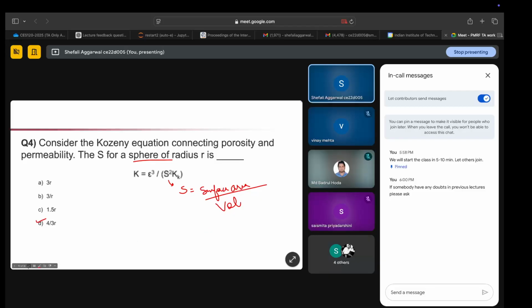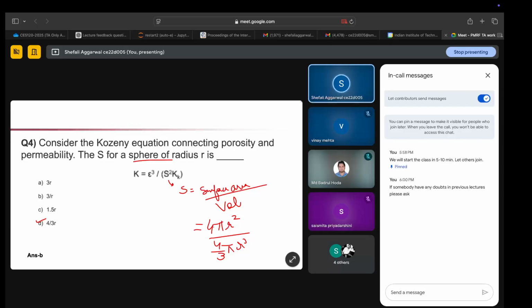And if we are talking about a sphere, what is the surface area of sphere? The volume is 4 by 3 pi r cube, and your surface area of sphere is 4 pi r square.